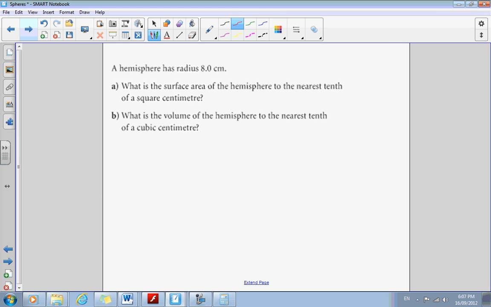So what we're going to have to do is look at what a hemisphere looks like. So a hemisphere looks like this. If you look at this hemisphere, when we're looking for surface area, we kind of have 2 things we're looking at here. It has half of the regular surface area. So half of our normal surface area, and our normal surface area formula is 4 pi r squared.